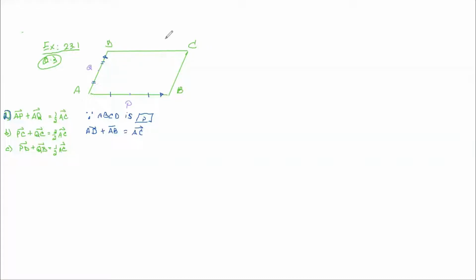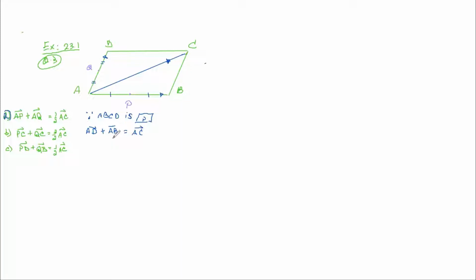Then we can draw this line, draw the AC vector to the destination here, AC. Then the direction goes this way.